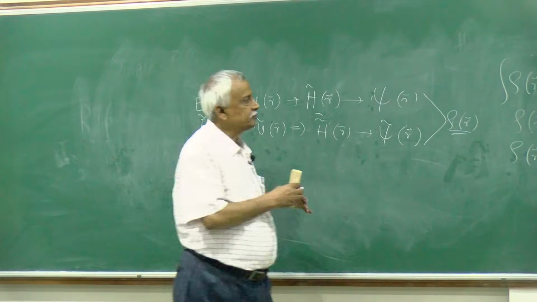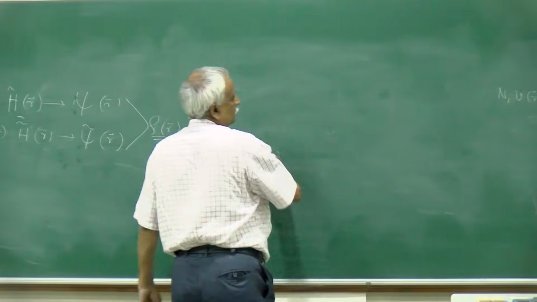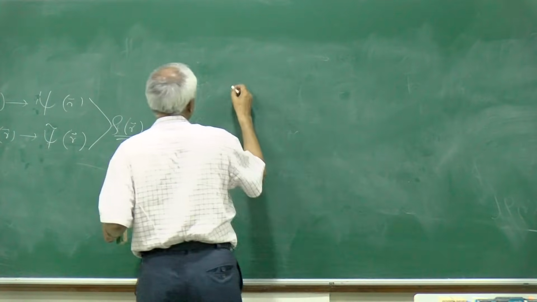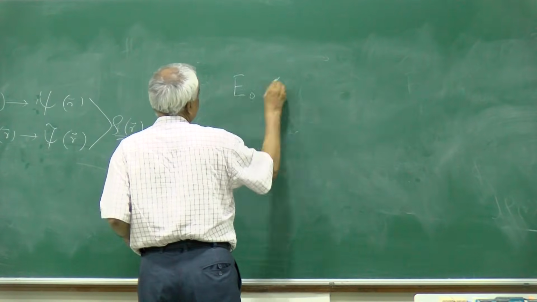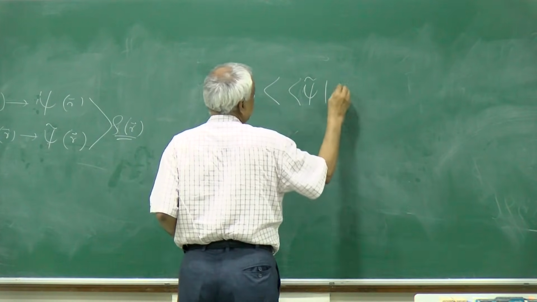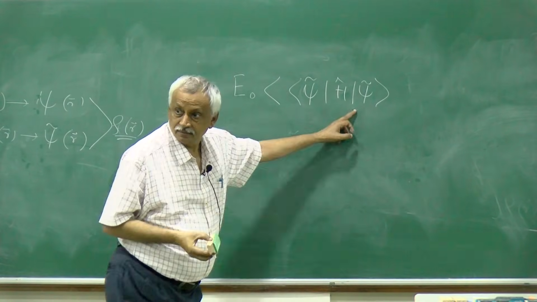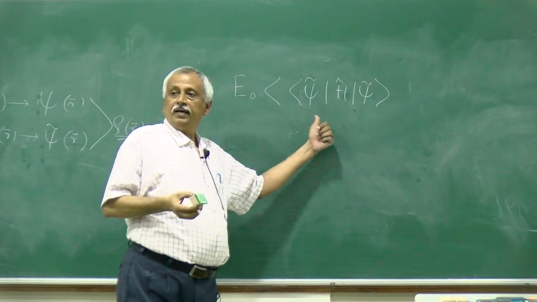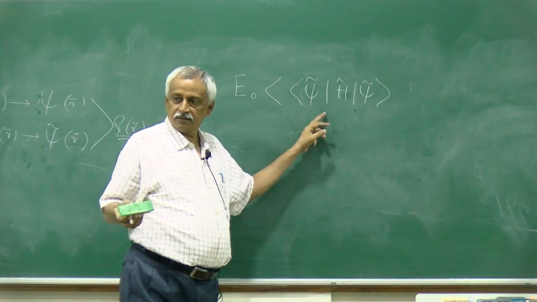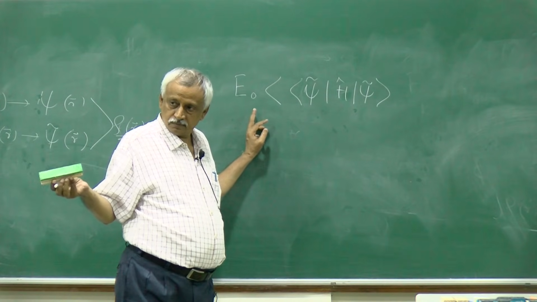So from the simple variational principle, we can write E0 is less than <psi tilde|H|psi tilde>, because E0 is <psi|H|psi>. If I put the trial function, from the simple variational principle we know that this energy must be greater than or at most equal to E0.